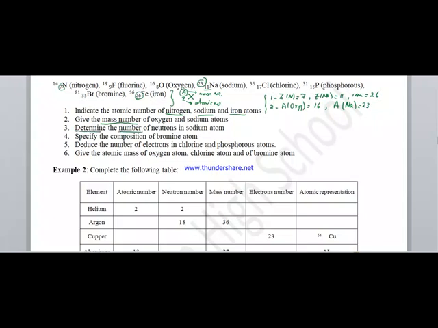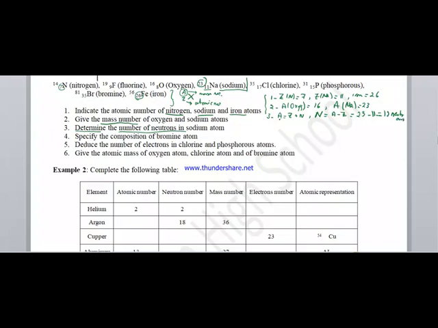To calculate the number of neutrons in the sodium atom, we use the relation A equal to Z plus N, so N, the number of neutrons, equals A minus Z, which is 23 minus 11, equal to 12 neutrons.